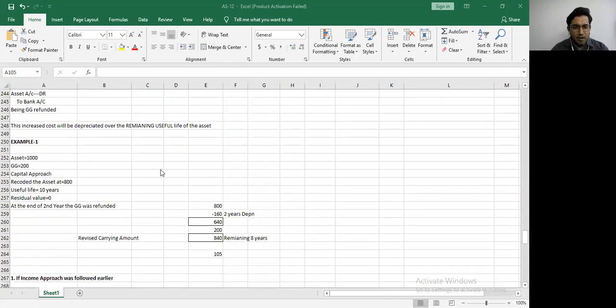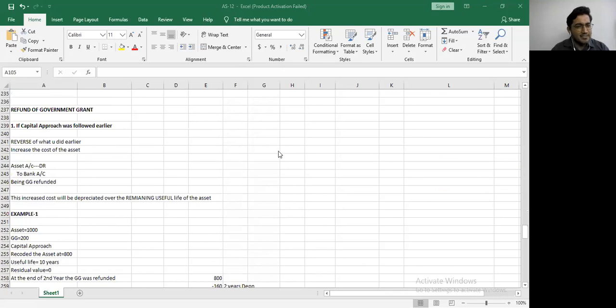Right, then we did a couple of questions to understand the entire concept, and then we went to refund of government grant. What happens in refund of government grant? If the capital approach was followed earlier, you will exactly do the reverse of what you did earlier. Earlier you reduced the cost of the asset, now you will increase the cost of the asset.